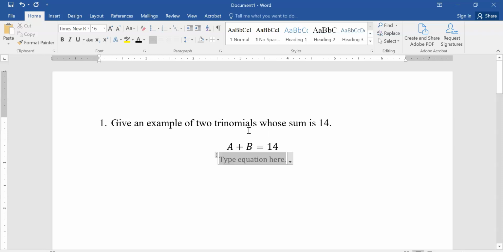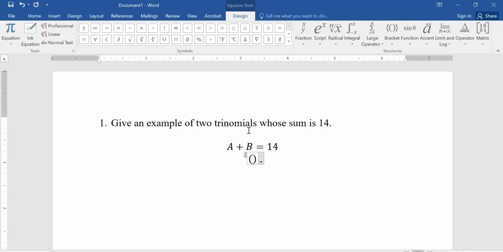So let's make a trinomial. So I'm going to replace A with some trinomial, maybe x squared plus 14x plus 9.